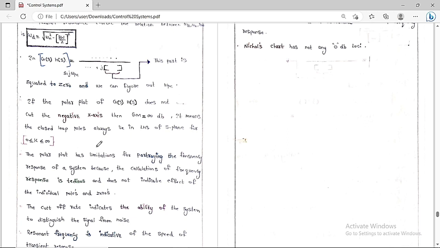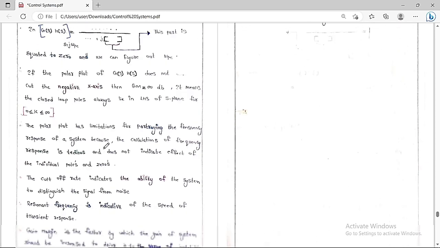It means that the closed loop poles are always going to lie in the left half of the s plane for all the range of values of K.